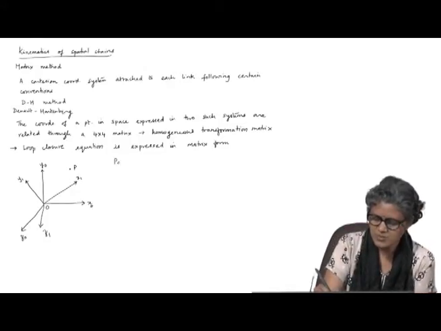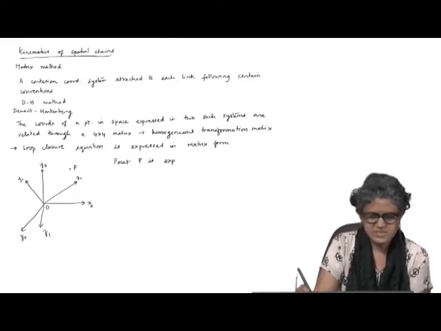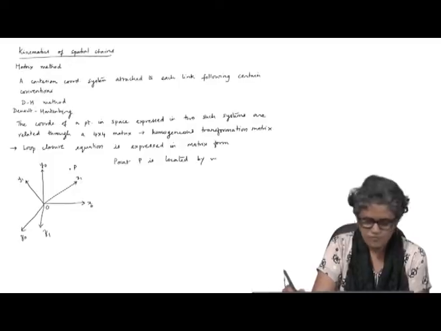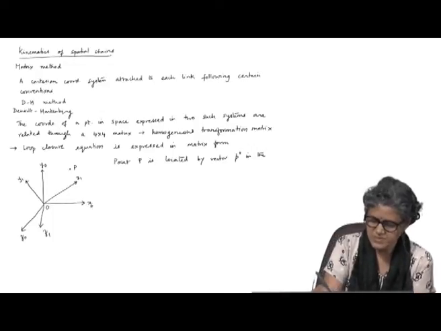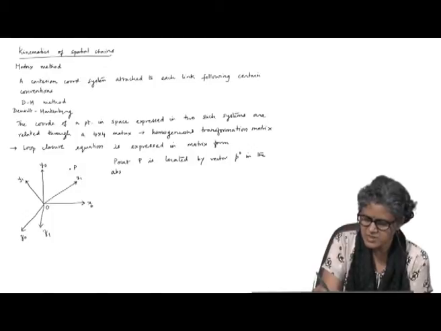So, let us say point P is located by vector P0. Let us say the x0, y0, z0 coordinate system is the absolute or fixed coordinate system. So, it is probably the coordinate system attached to the fixed link of the mechanism.